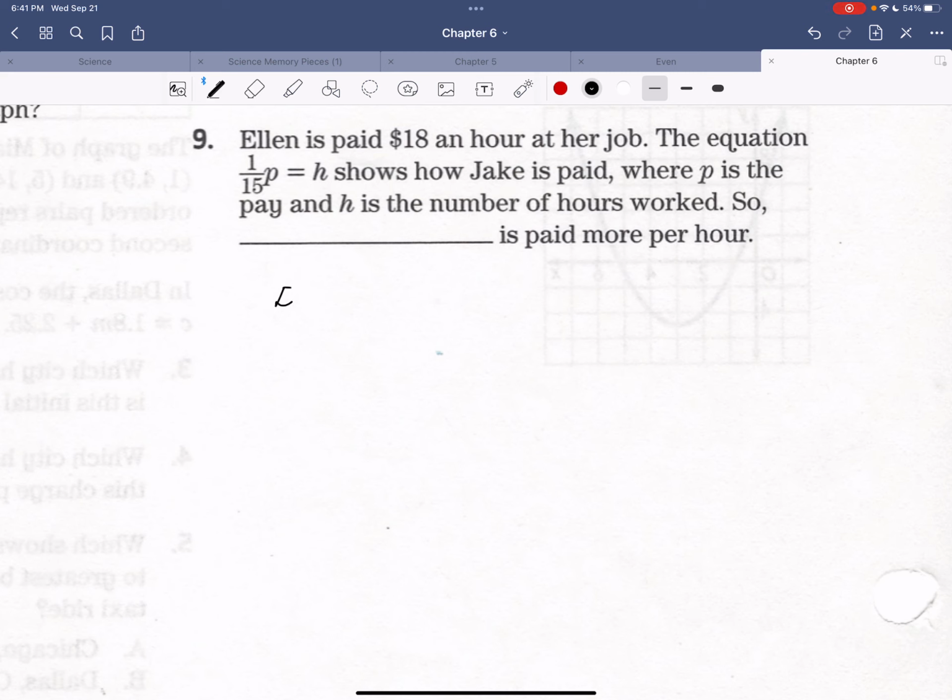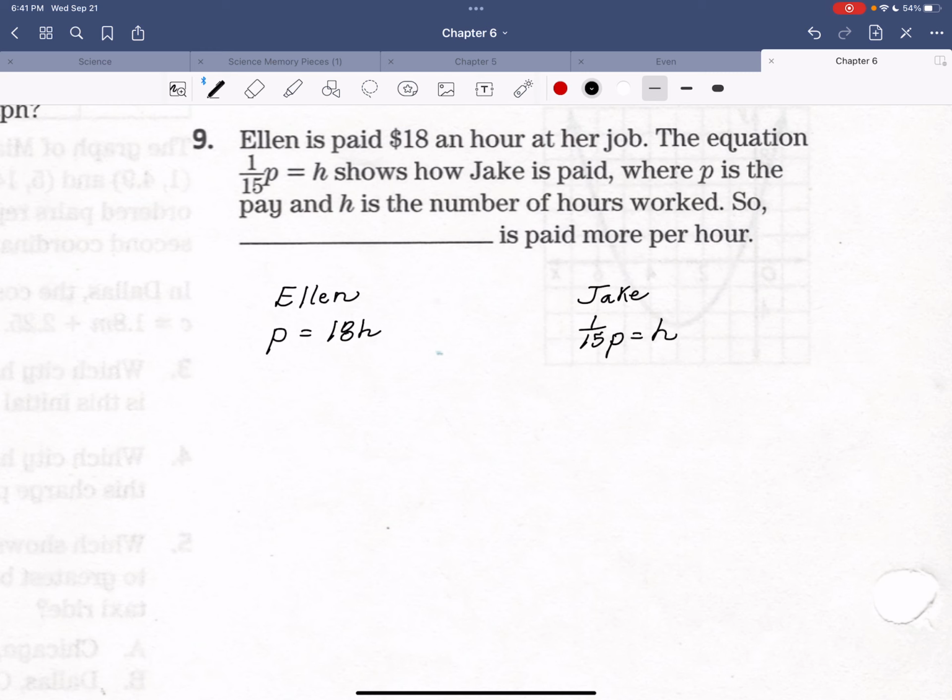All right, let's write an equation for Ellen, where pay equals $18 an hour. And then Jake, we have an equation. We just need to work on it a little bit. It's not in slope-intercept form.